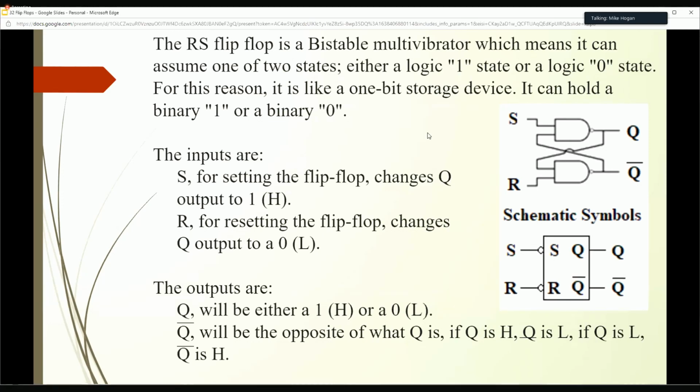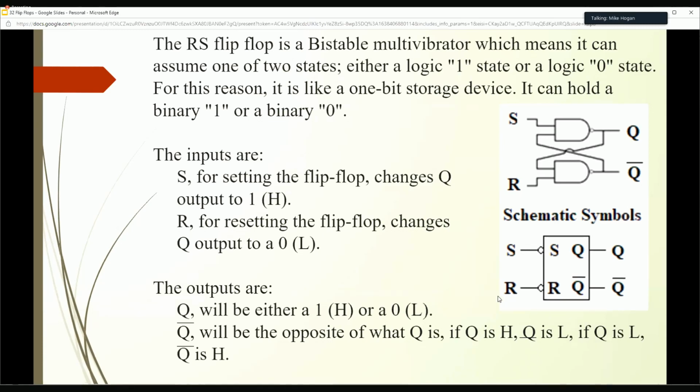All right, so here we are, the RS flip-flop. We can hold this state once we set it. Now let's talk about some of the inputs and outputs. First of all, the inputs, S and R. RS flip-flop, real easy to remember in terms of what these inputs are. S, set, R, reset.